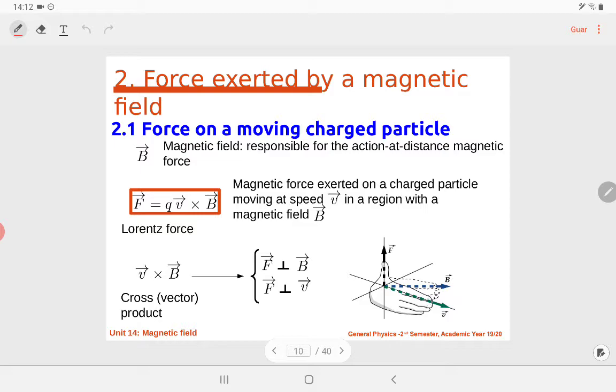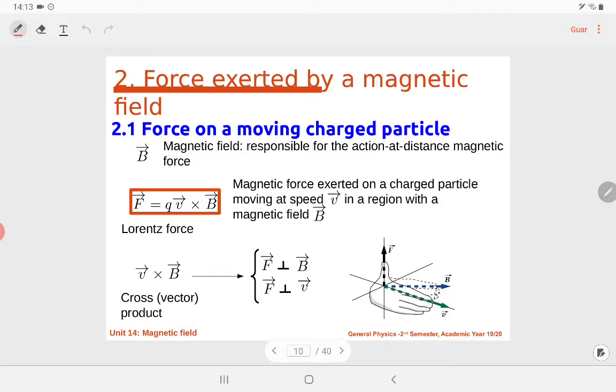Okay? There is something I want to point out: the actual magnetic force is proportional to the charge. So if it's a negative charge, then the force is going to be opposite to the cross product. You first calculate the cross product of the velocity times the magnetic field, and then you multiply by the charge and take care of the sign of the charge.